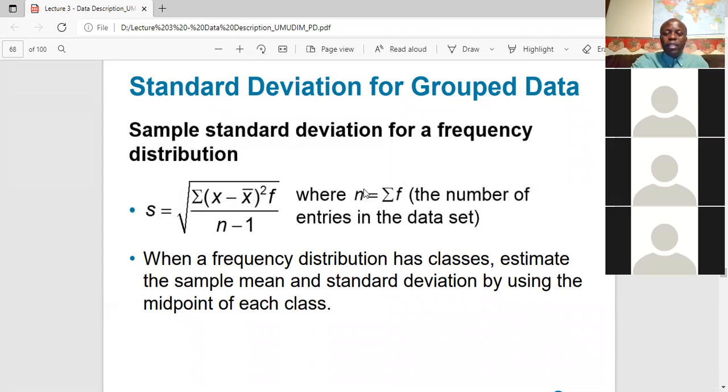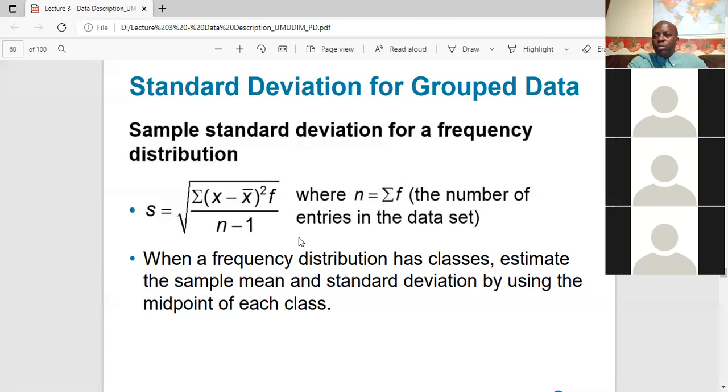So I get the variance and then find the square root of it. That gives you the standard deviation. So it is the square root of the sum of x minus x bar squared times frequency, divided by n minus 1. The formula inside this radical sign is the formula for variance. When you find the square root of variance, you get the standard deviation.